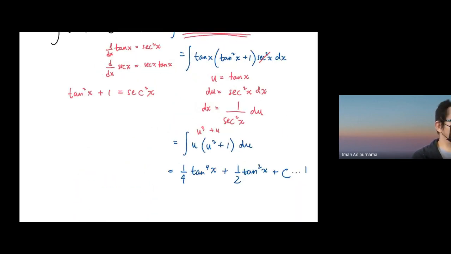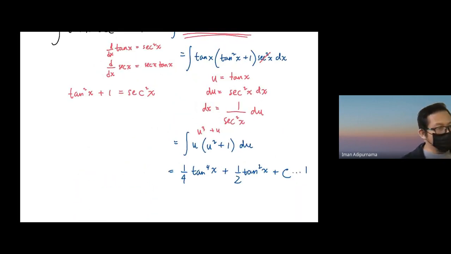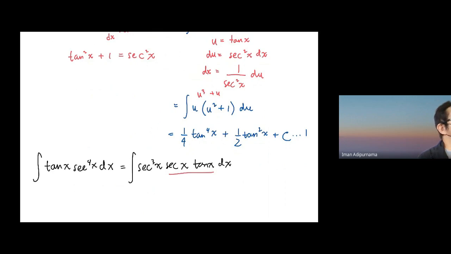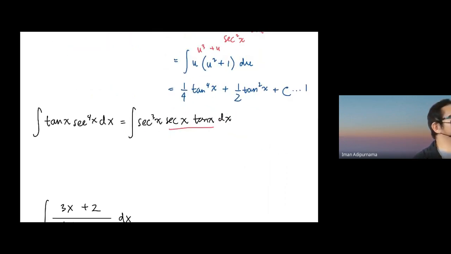However, okay, if you look again, let me write another one. We can also write this as secant cubed x times secant x tangent x dx. We can have this secant x tangent x, right? And we can substitute. I think this is very short, the second one.